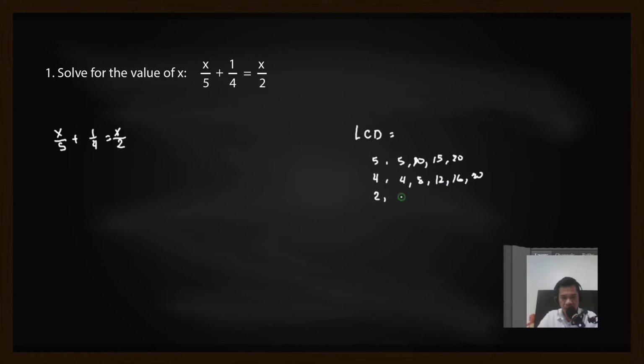And then continue the same process. 2 times 1, then we have 2, 4, 6, 8, 10, 12, 14, 16, 18, and 20. Okay, as you can see, the least common multiple is equal to 20. That is why our LCD is equal to 20.